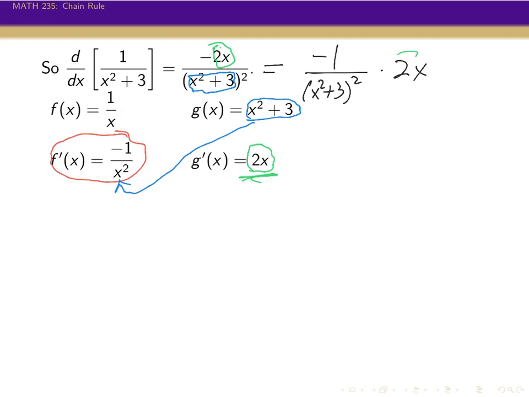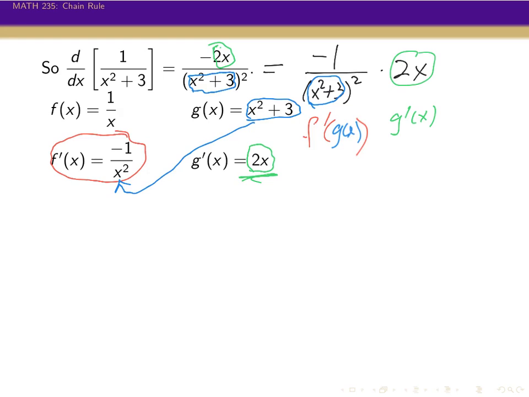And so this is g prime of x, and then this term right here, there's g of x right there, and it's getting plugged into f prime. And so this is f prime with g of x plugged into it.